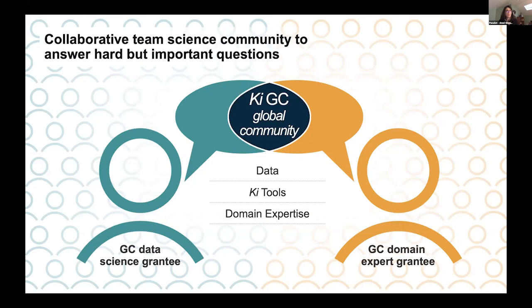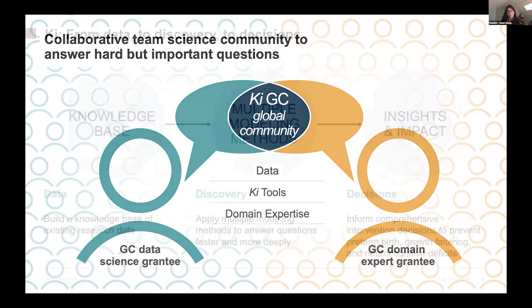Ultimately the result would be that the public health community and the data science community work very closely together to build a platform from which they can answer important public health questions very quickly and improve maternal and child health across the three different regions.